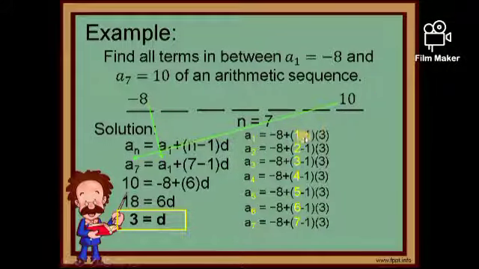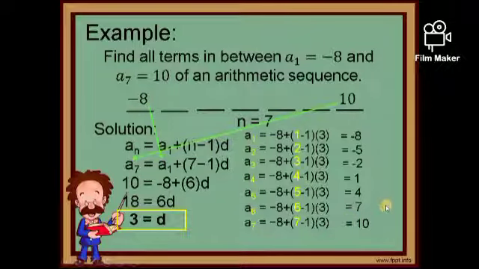We have 1 minus 1 is 0, times 3 is 0, plus -8 is -8. And keep going. 2 minus 1 is 1, times 3 is 3. 3 plus -8 is -5. And so on. -2 followed by 1, positive 4, 7, and positive 10.